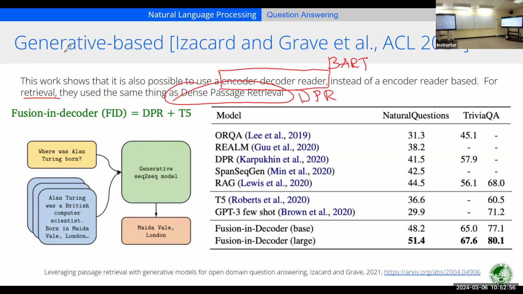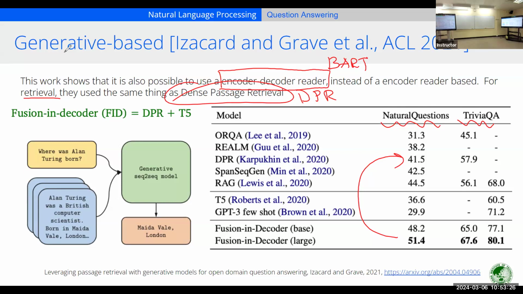But I'm a little bit skeptical why they win over DPR. It could be because these data sets are more abstractive, so we cannot simply extract the answer. The answer is not inside the passage, but you need to understand the passage and generate a new answer.